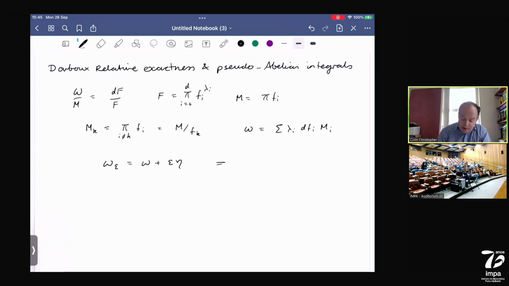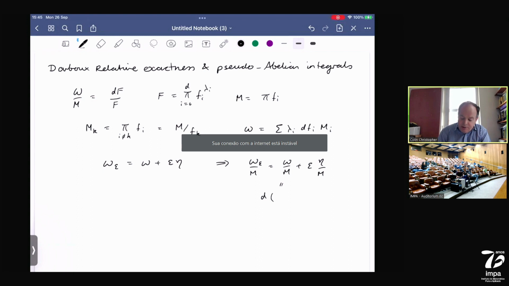And we want to try and bring that to the form that we're used to, which is this expression. And here, this is just the derivative of the sum of lambda_i times the log of f_i.